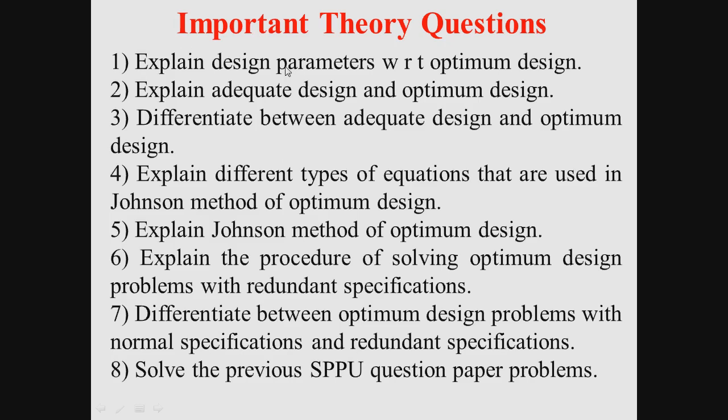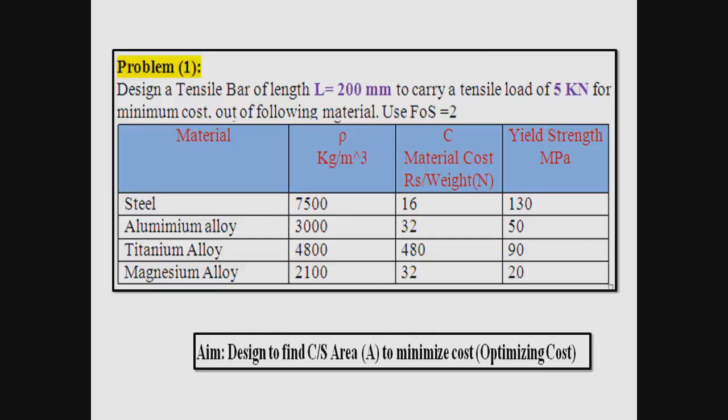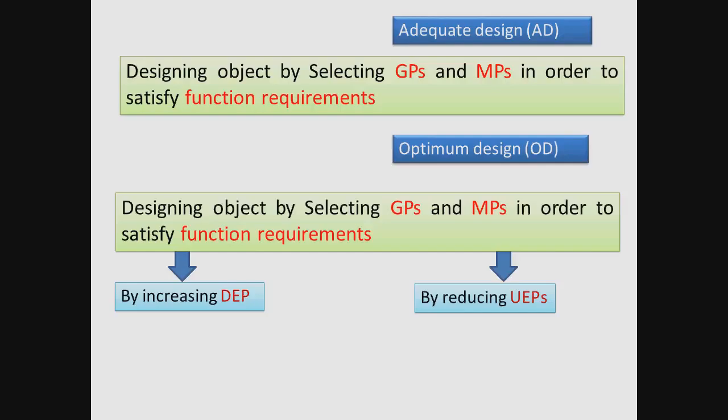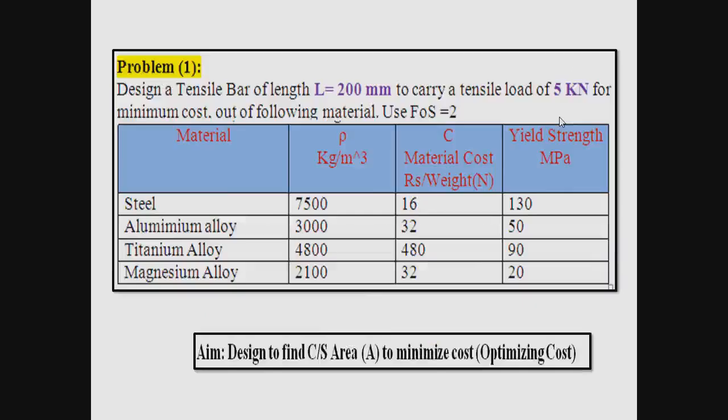We already discussed that. What are the design parameters? These are functional requirement parameters, geometrical requirement parameters, and material requirement parameters.